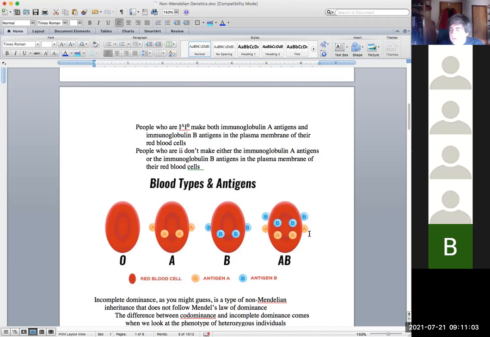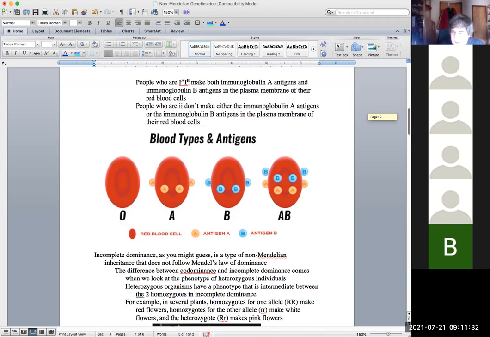This is called codominance, when you can see both of the phenotypes. So notice this violates Mendel's idea about dominance. First of all, there are two alleles that are dominant. Secondly, if they're together, one of them isn't dominant over the other. If your genotype is I big A, I big B, we can see the A protein and we can see the B protein when we look at your red blood cells.